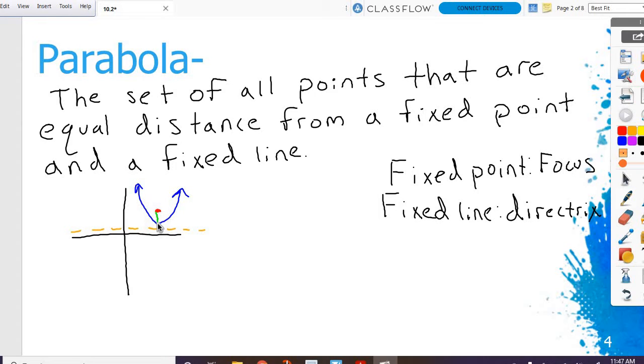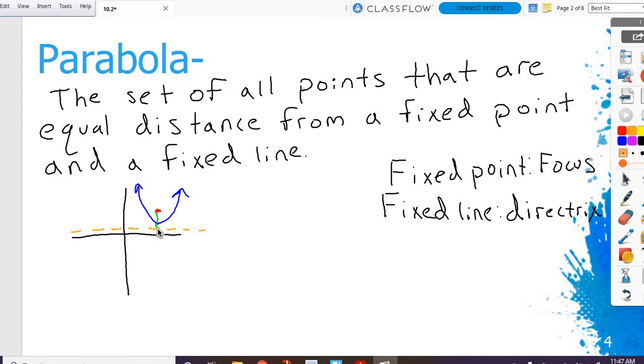So that means that this distance right here and this distance right here would have to be the same, because they're the same distance from your point and your line. It just happens that when we're at our vertex, it all kind of lines up, which makes it nice. Are we all kind of with me on the idea of what we're looking at?